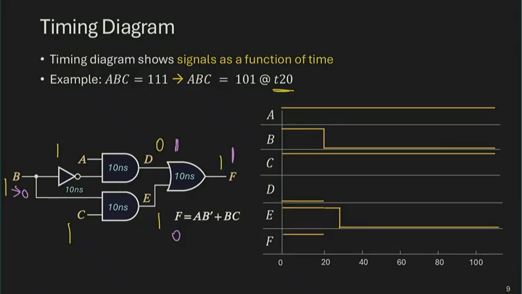Right. What about signal D? Well, for this B change to propagate to D, we need to go through 2 gate delays, this inverter and the gate, so 20 nanoseconds in total. So 20 nanoseconds after the B change, at time 40, D will go from 0 to 1.